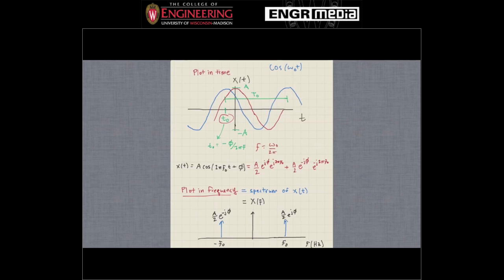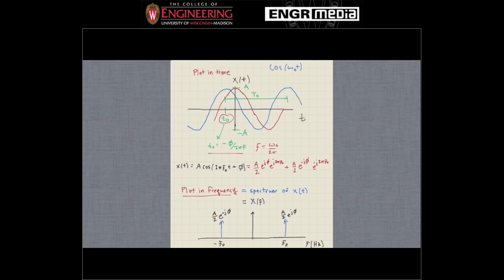Okay, so how did we arrive at this equation? Well, if you remember, the cosine should have a peak when the argument is 0.